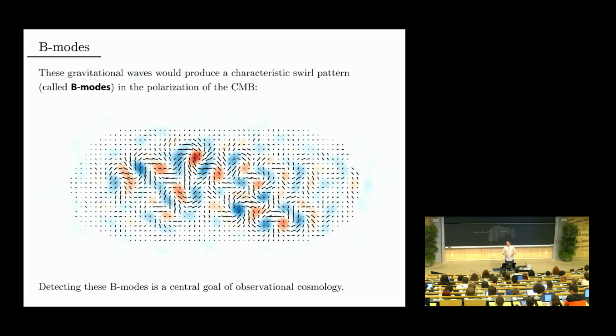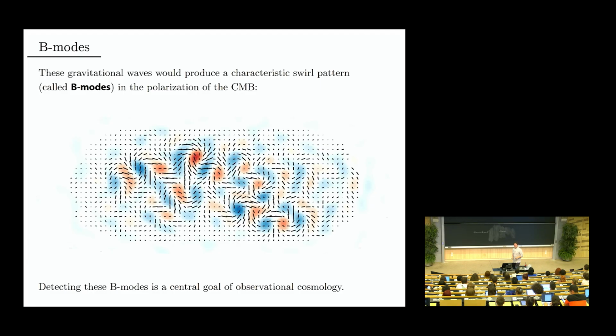The terminology is inspired by electromagnetism, where you have the gradient of a scalar potential for the electric field, and the curl of a vector potential for the magnetic field. So there's a spherically symmetric mode that produces fluctuations around hot and cold spots, where the polarization is arranged either radially or tangentially. That's the E mode.